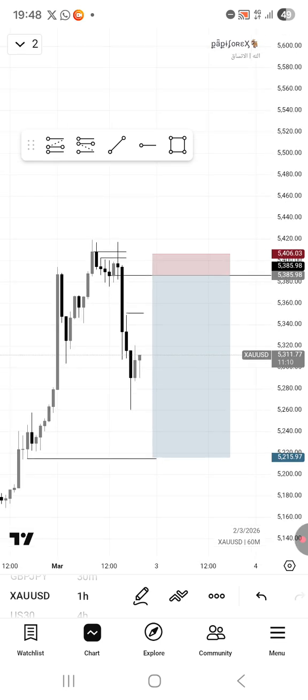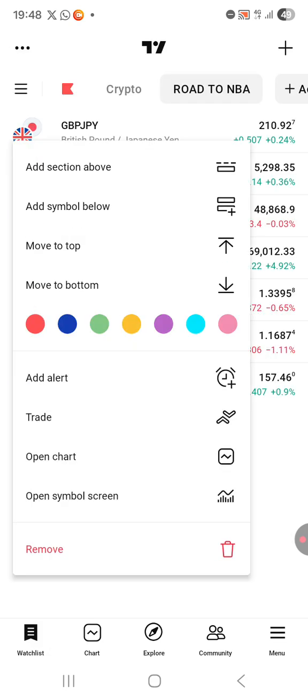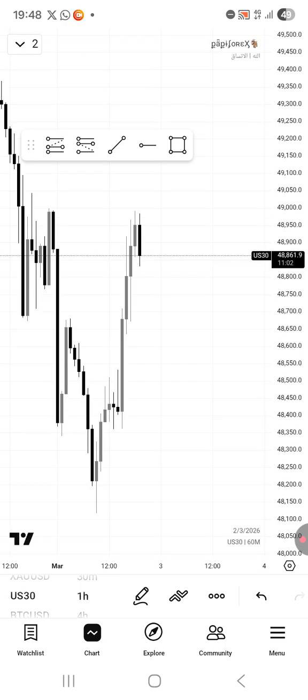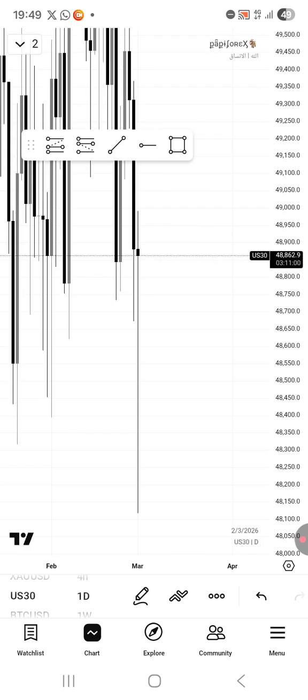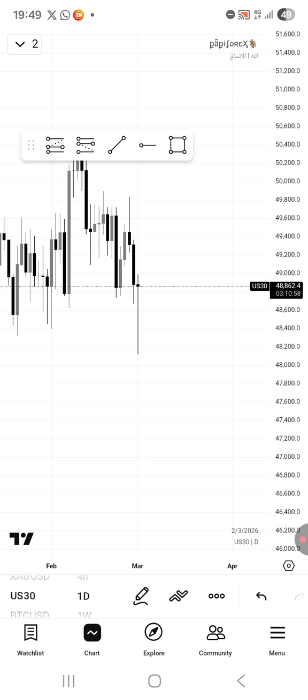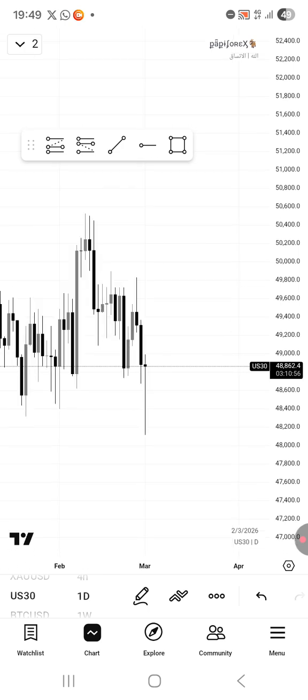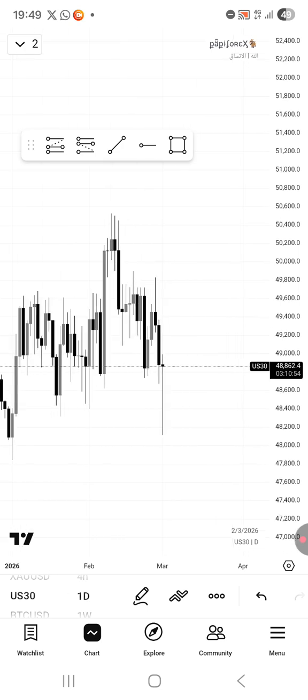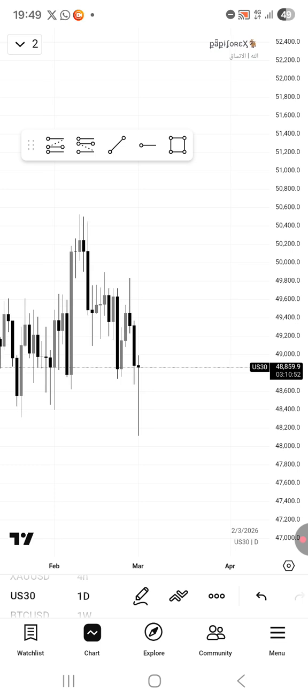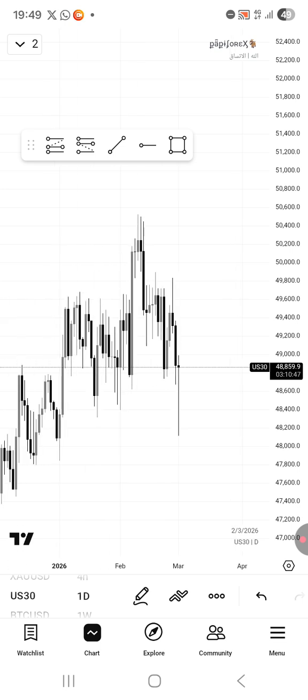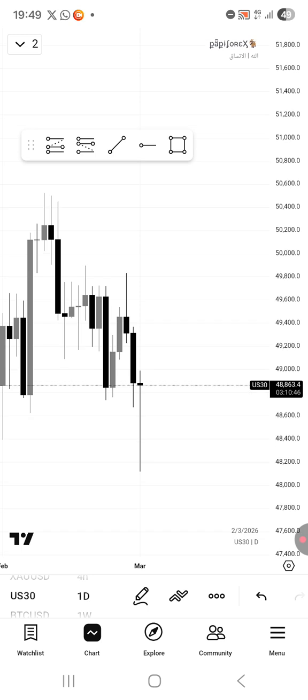Last but not the least, US 30. On my daily time frame, what's happening? Price is showing some sort of reaction because this candlestick movement is showing reaction.